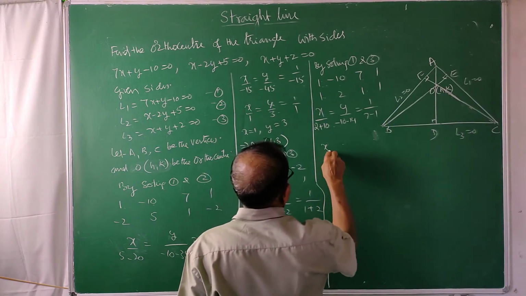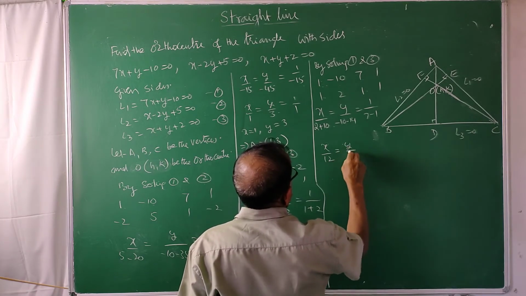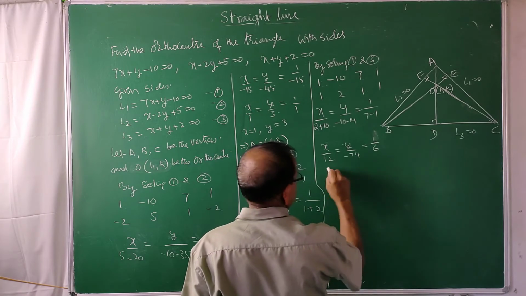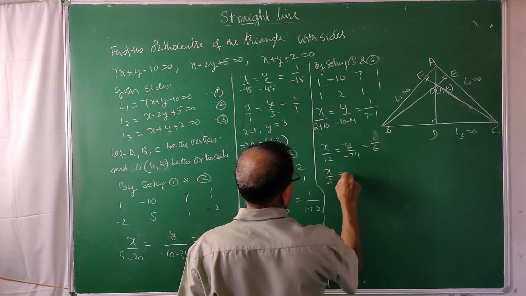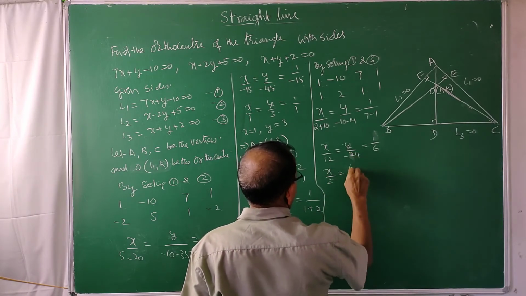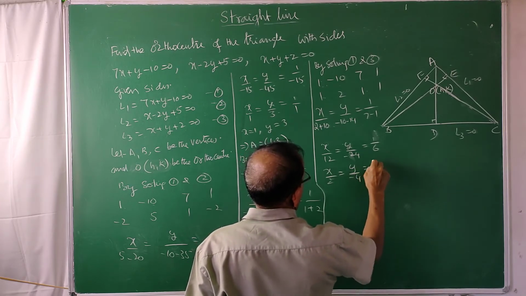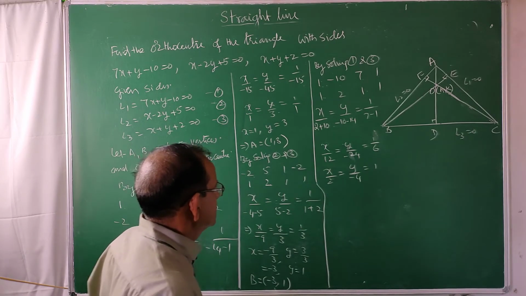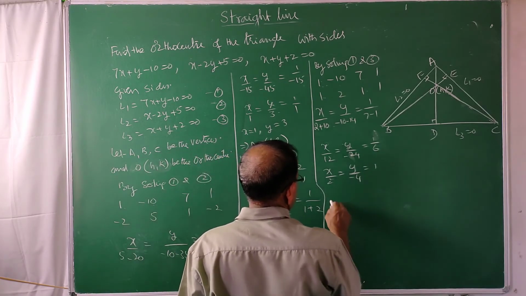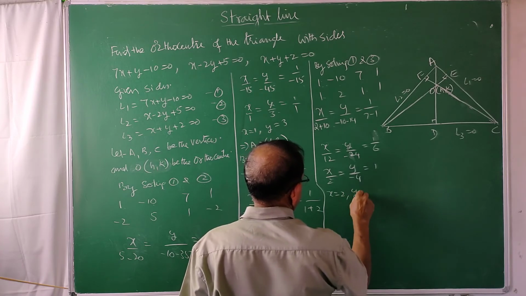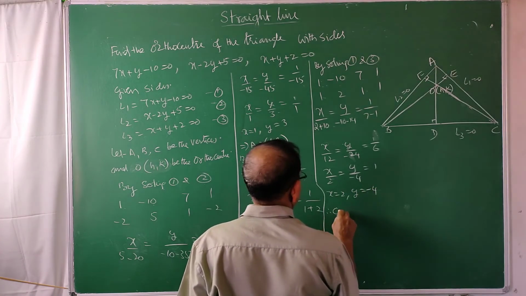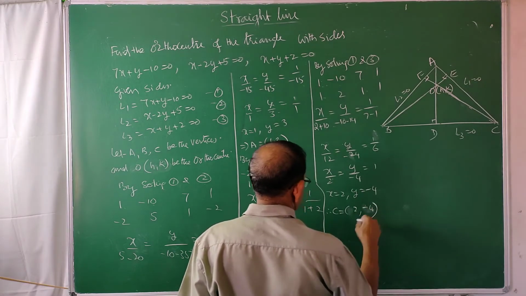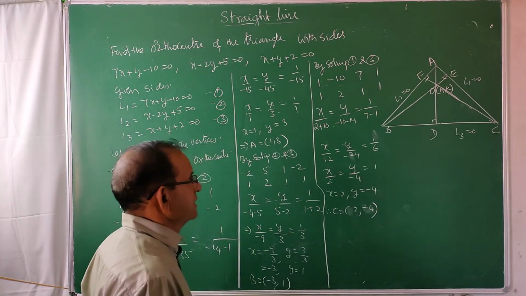So x by 12, y by minus 24, 1 by 6. Cancel 6 in all. So x by 2 is equal to y by minus 4 is equal to 1, because 6 is cancelled. So x is equal to 2 and y is equal to minus 4. So C is equal to (2, minus 4). So we got the coordinates of C also.